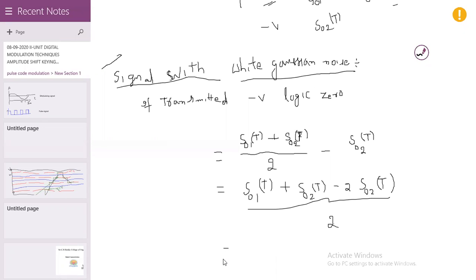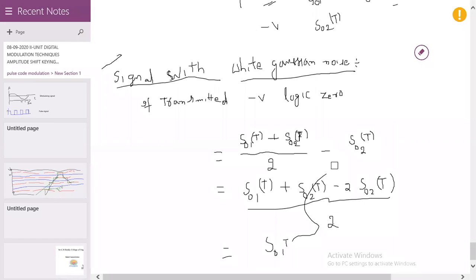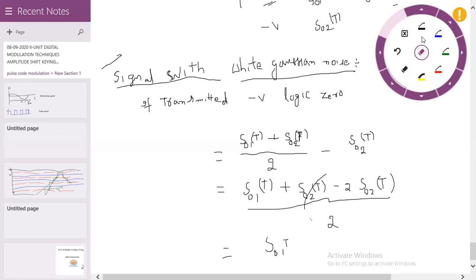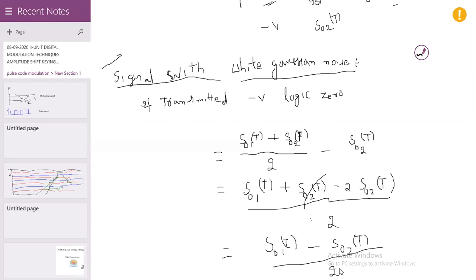So this is equal to S naught 1 of t minus S naught 2 of t, divided by 2.